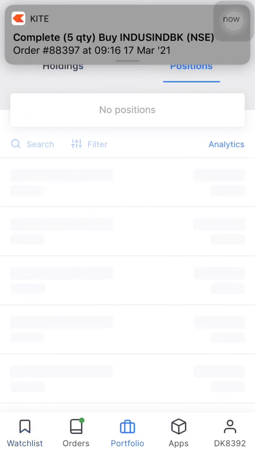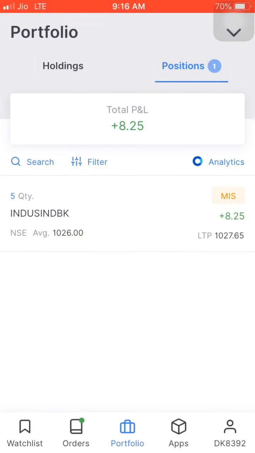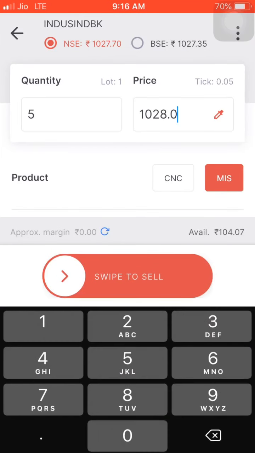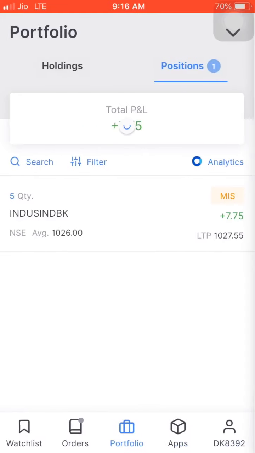Guys, the order has been executed and it's in green. Let's wait for our targets. I'm going to place a sell position for 3 quantities at 1031, and let's wait.